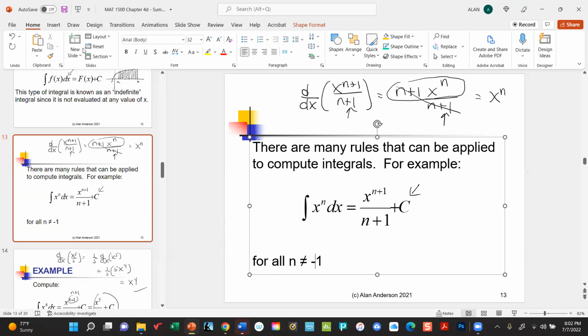What is that, slide 13? Okay, I'll post the corrected version later on. That should have been -1, and you can see why again, because that would result in division by 0. So there's a separate rule for that case, but we will get to it later on.